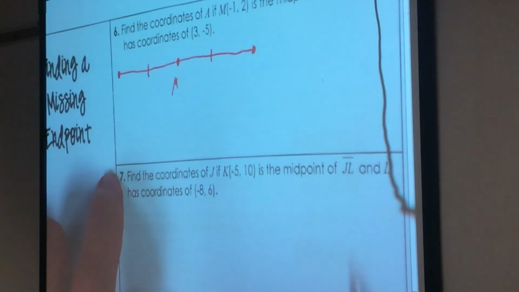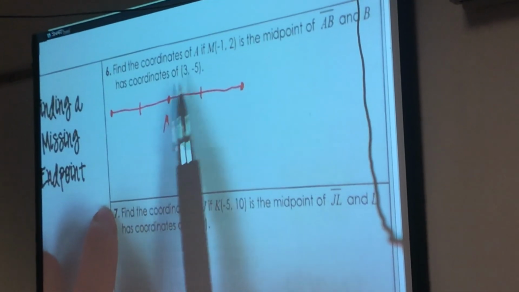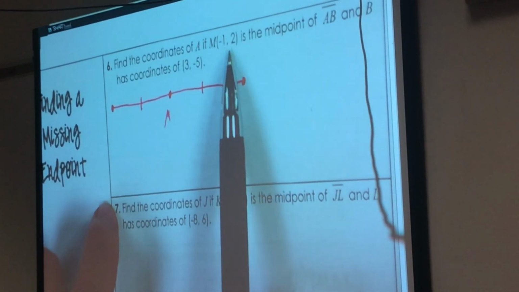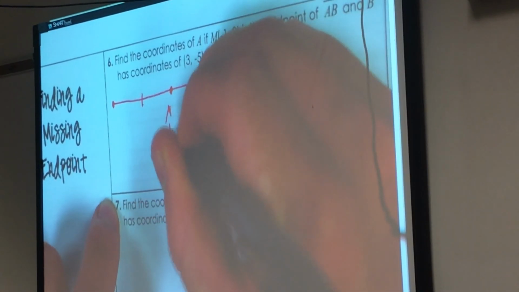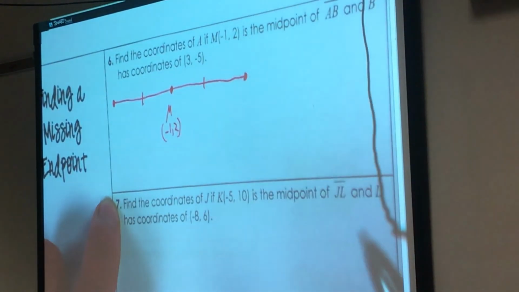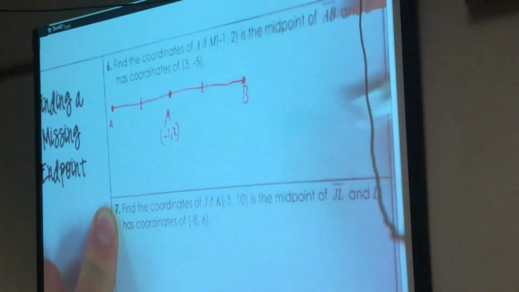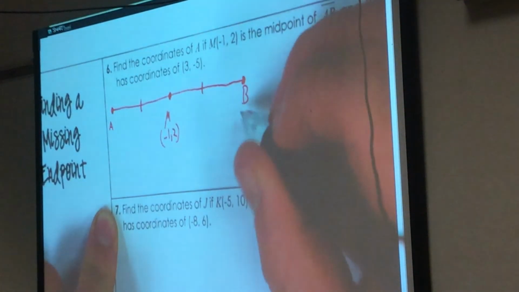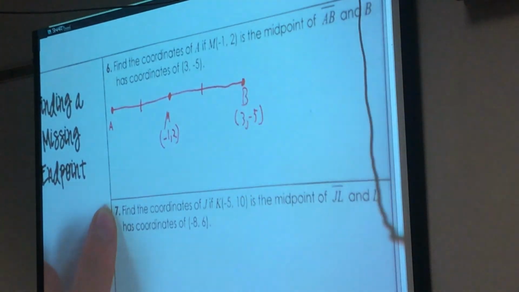But now if I look at what it's asking on number 6, it says find the coordinates of A if M is the midpoint. M is the point -1, 2. So this point is at -1, 2. I have the segment AB, so my endpoints are A and B. B has the coordinates of 3, -5.